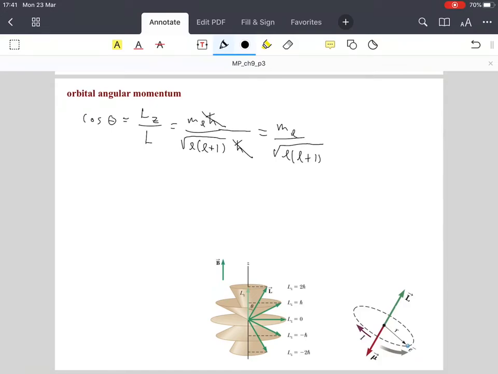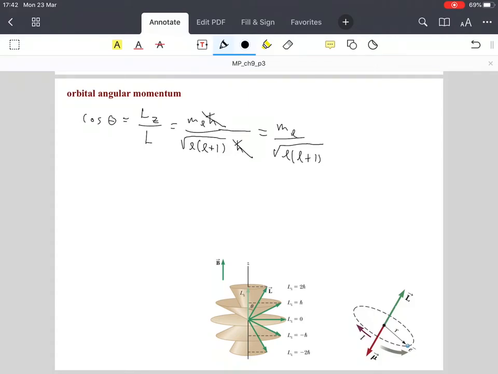And again, these are quantized numbers, so it's only going to be in steps, which is shown here for these different values of m.